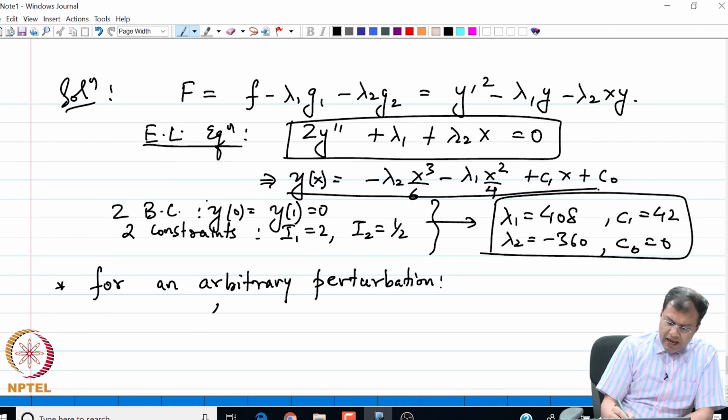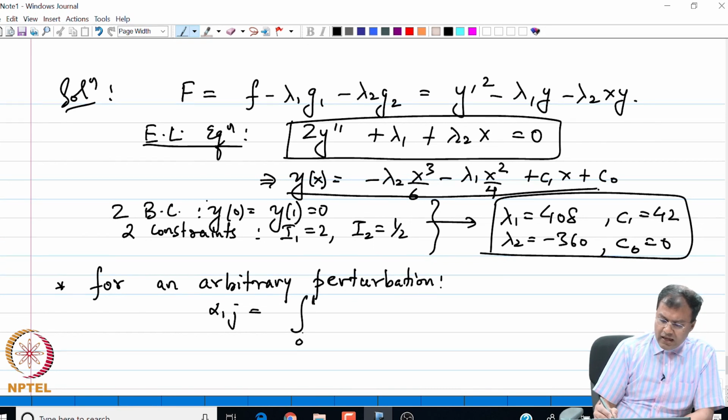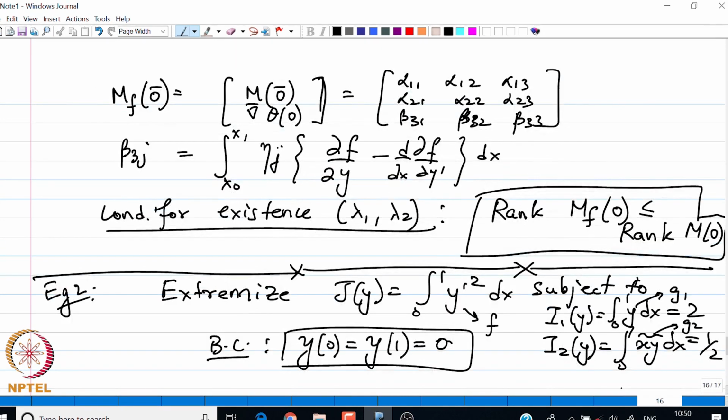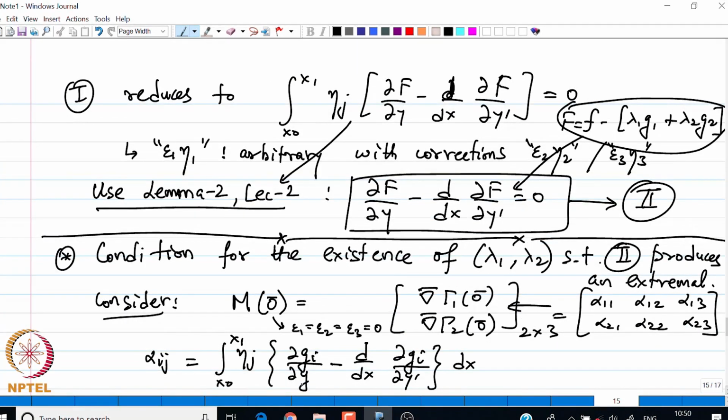we see that my alpha 1 j is the following integral. Notice I have directly used the formulas in our previous slide, where my alpha j's are these quantities. I directly plug in the integrand of the constraints to get alpha i j.